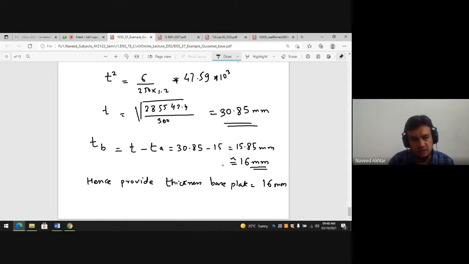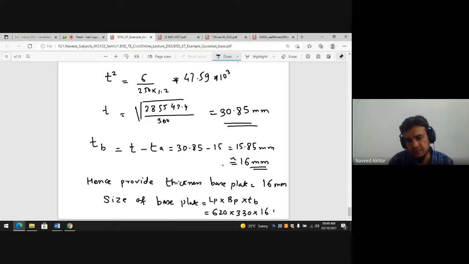Therefore, the size of base plate is nothing but length of plate into breadth of plate into thickness of plate, which is 620 by 330 by 16 mm. So this is nothing but your design of gusseted base.